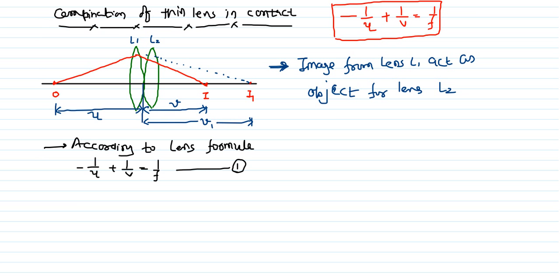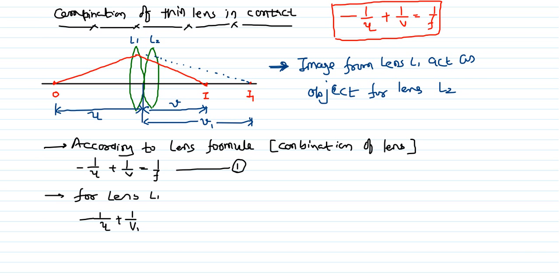This is the lens formula, and we can use it for the combination of lenses, where F is the focal length of the combination of lenses L1 and L2. Now for lens L1, minus 1 upon u plus 1 upon v1 is equal to 1 upon f1.